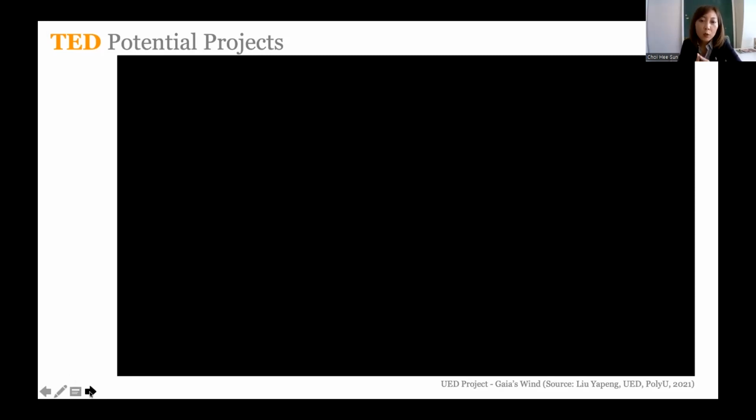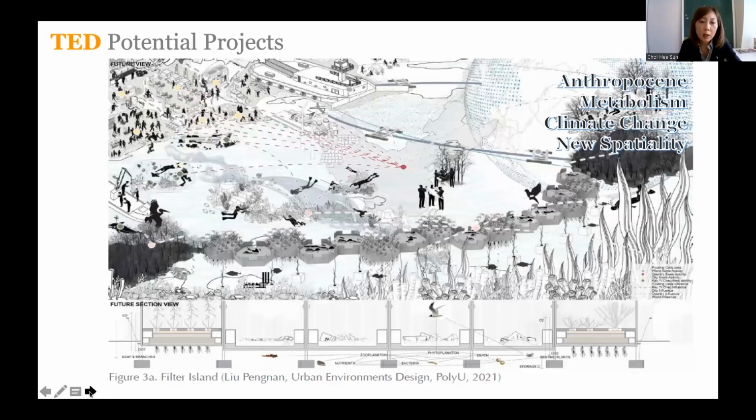So that was one of the great outcomes from the students. Another interesting outcome from that year, 2021, was Liu Pengyan, who also produced a really interesting capstone project called Filter Island, using plastic waste to create a new system for a clean and sustainable environment in Kai Chao.